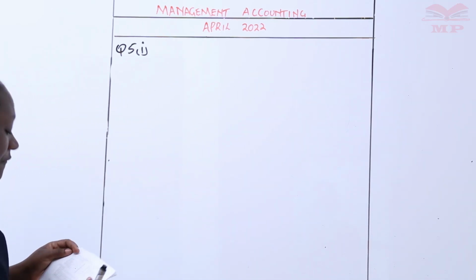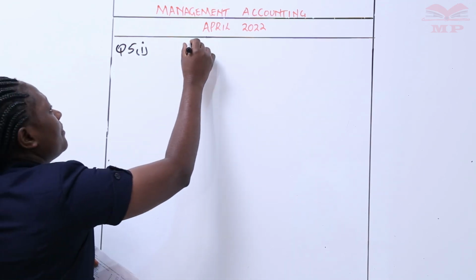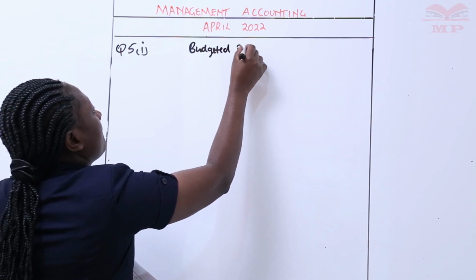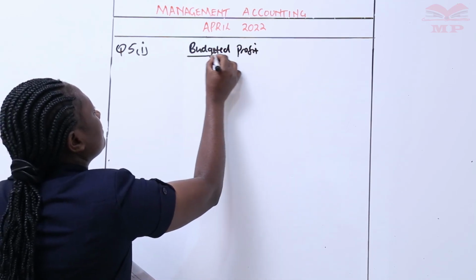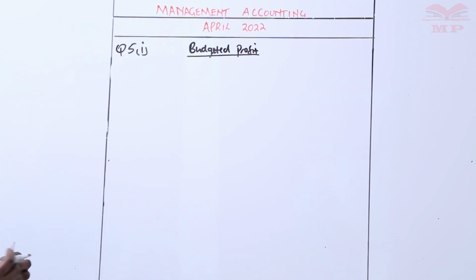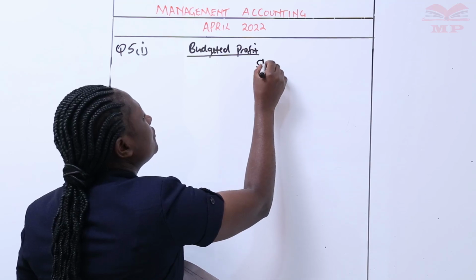So, following the format, we are preparing the budgeted profit. We have 2 columns.